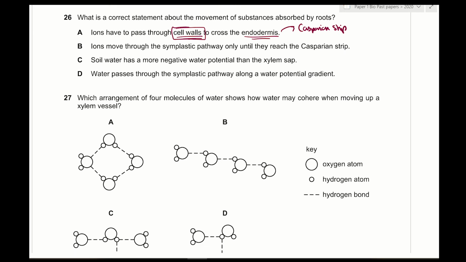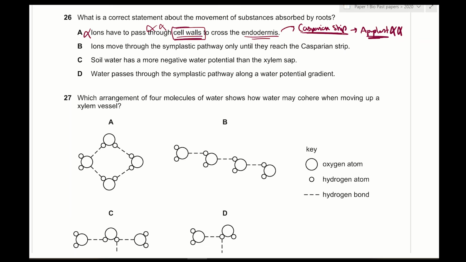Therefore, ions cannot possibly move through cell walls to cross the endodermis while there is a Casparian strip which inhibits the apoplast. And as we mentioned, apoplast is the movement of water through cell walls. Therefore, A is incorrect.